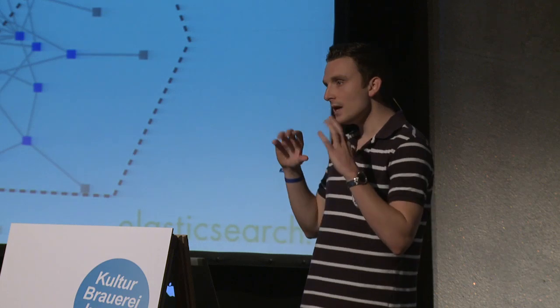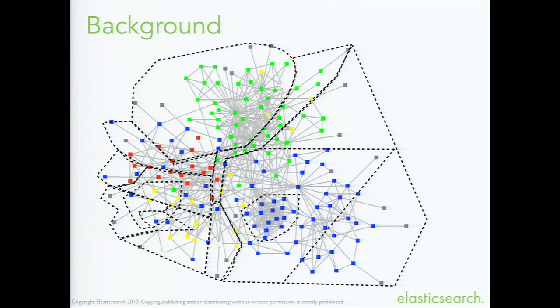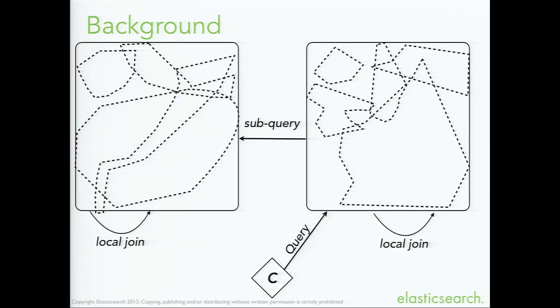If we take a look at the data set again, in a lot of cases, not always, the relations are kind of isolated. They don't span across the whole data set. If you have these groups of items, you can group the related items together in a partition.